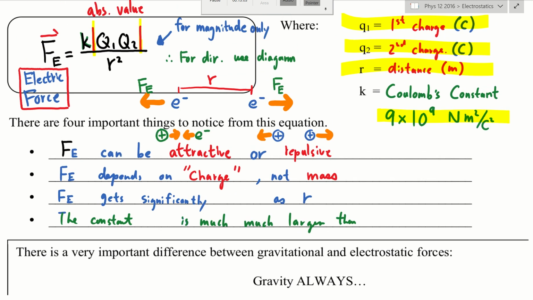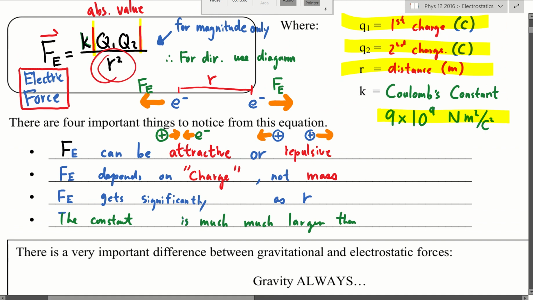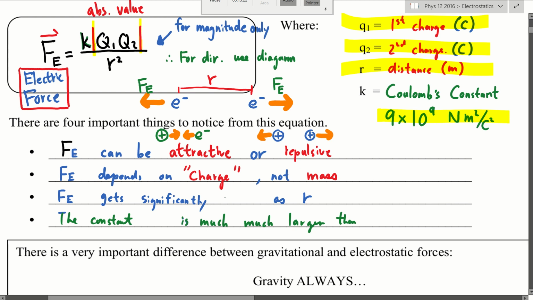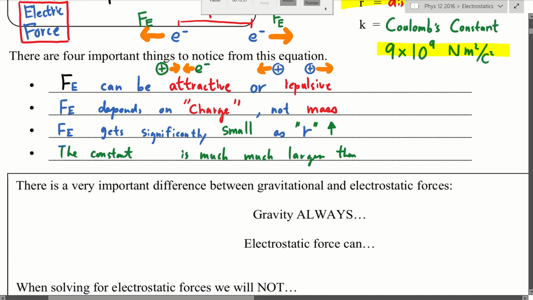Now, you look at this equation again, you see it's going under r squared, right? Dividing by r squared. That means if you increase the distance between the two objects, the force will actually drop very, very quickly. So the electrostatic force gets significantly smaller as r, which is the separating distance, increases. So when the distance increases, the force gets really small really quickly.